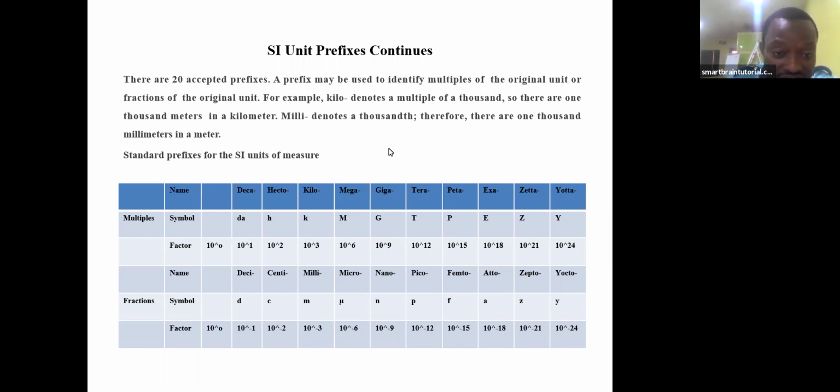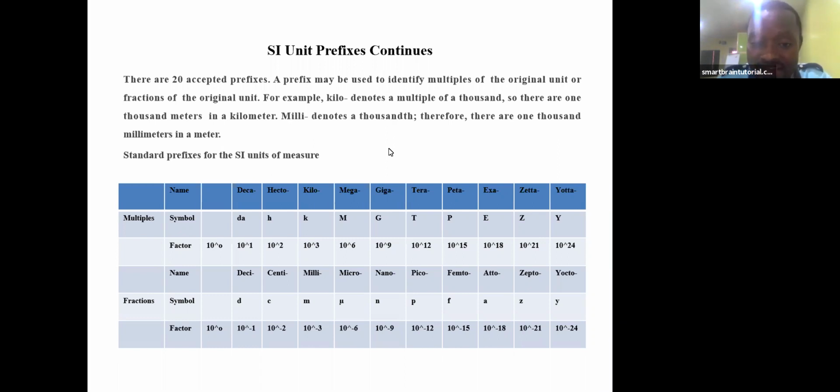Now, let's go down. First, we have symbol. These are symbols representing all those prefixes. For deca, the symbol is da. For hecto, the symbol is h. Kilo, the symbol is k. We have used that already when we said kilometer. The kilo is added to a meter and it forms kilometer, giving larger values of a meter.